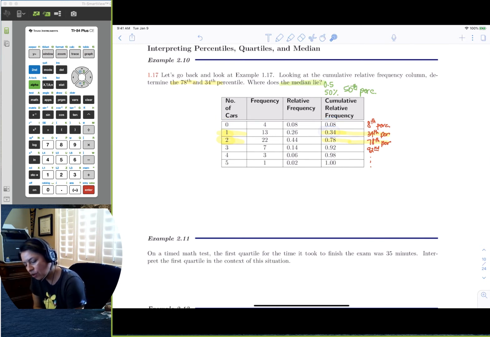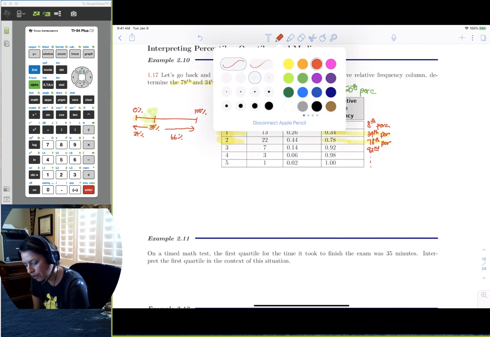34%, recall the number line. Here's 0%, here's 100%. So the 34th percentile is here, and that means 34% is here, and 66% is over here. Okay, so 34% does not contain the 50% marker, right?